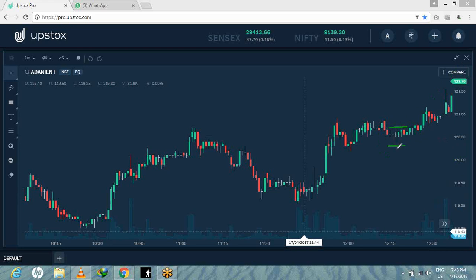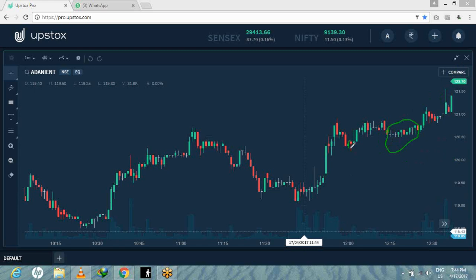So either it can trigger this trade or it can trigger this trade. If any of them gets triggered, you can book the profit. If you are putting at the top, just put the buy order. If you are putting at the bottom, just put the sell order. It should trigger either at the top or at the bottom.